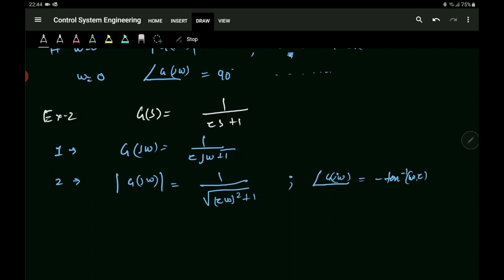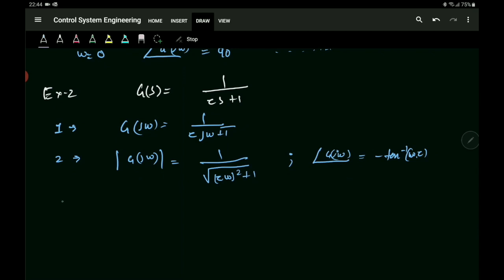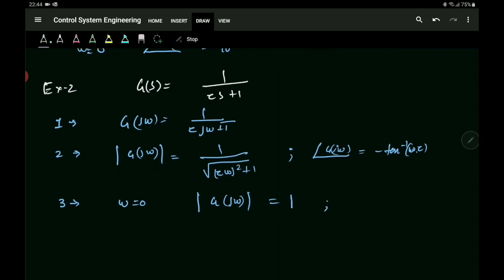This is the angle of the system. Third step, find out the value at omega equals 0. The magnitude of the system at omega equals 0, if you substitute the value 0, will give you the value 1. At omega equals infinity, the magnitude |G(j omega)| is equal to 0.